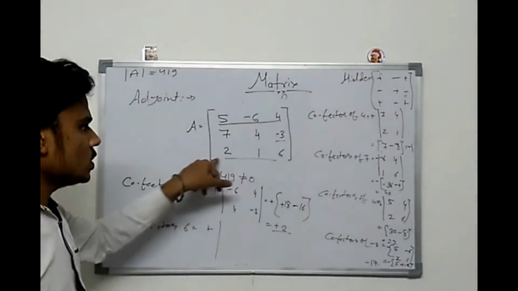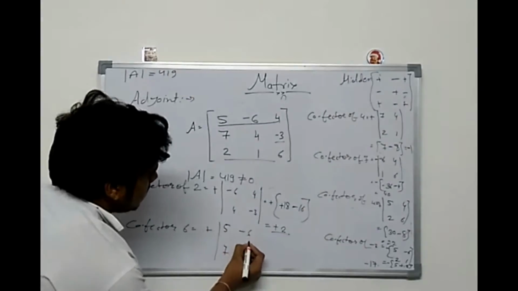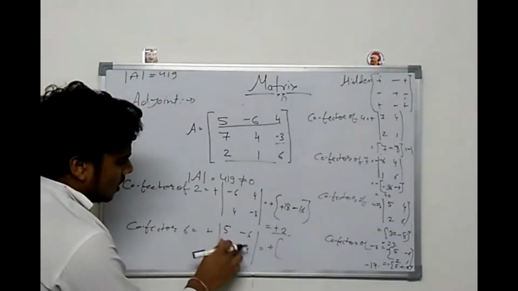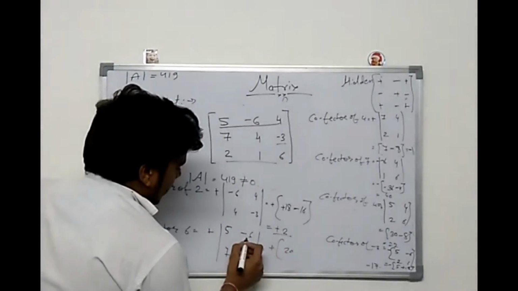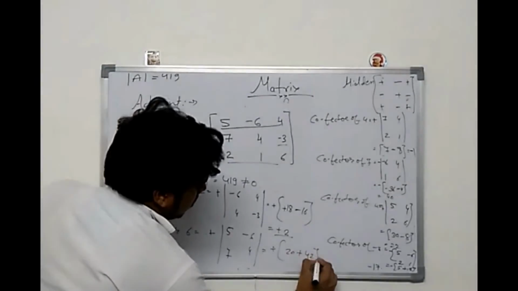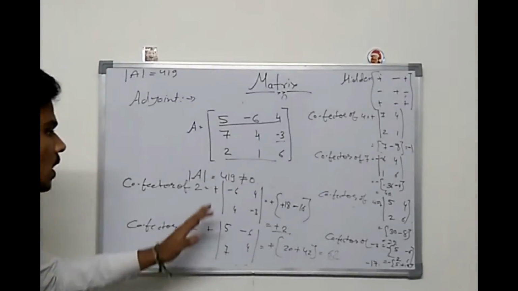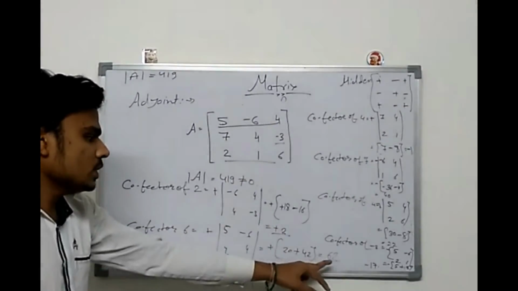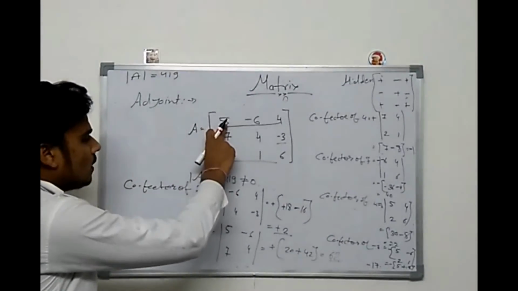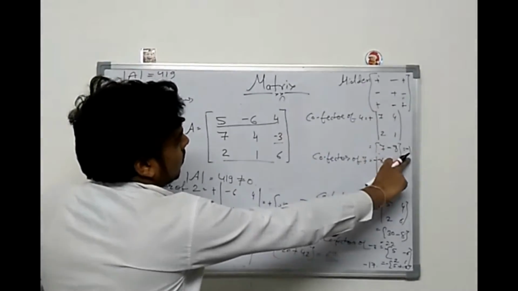This column and this row will be hidden, right? 5, 7 minus 6, 4, plus 20 plus 42, 62 will become. And all of the values will be written: 27, the cofactor of 5, -6, 4, write the value of -10.